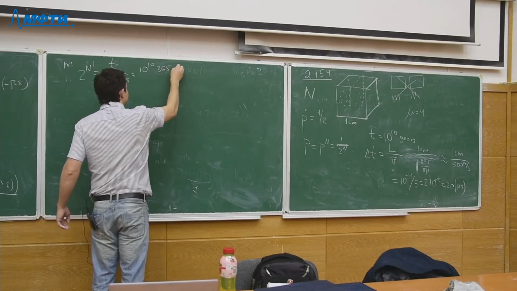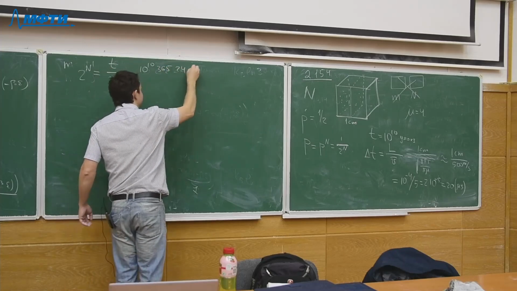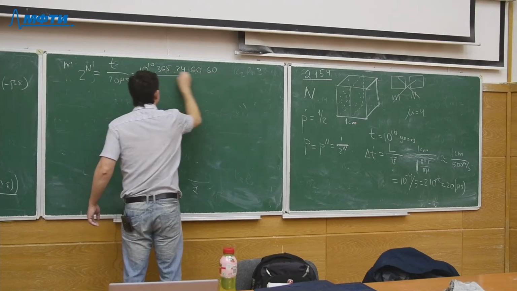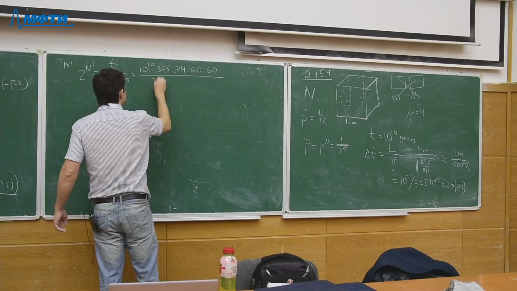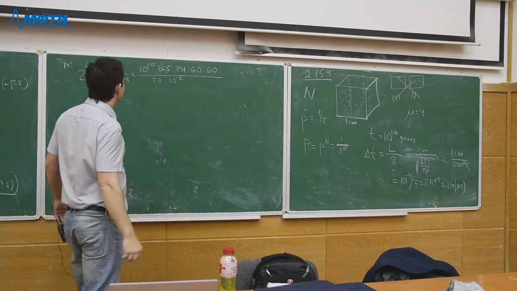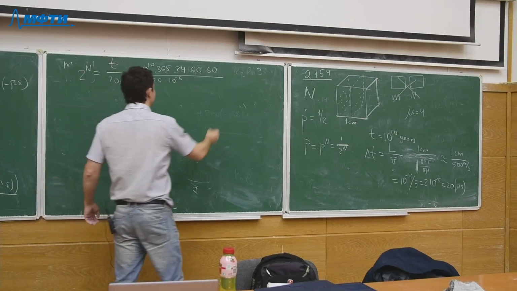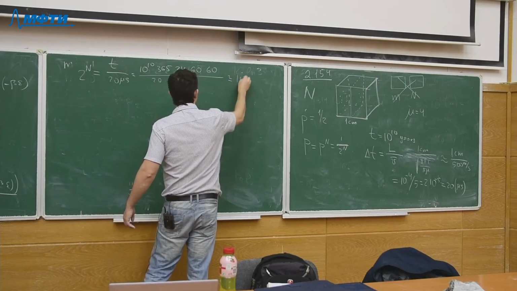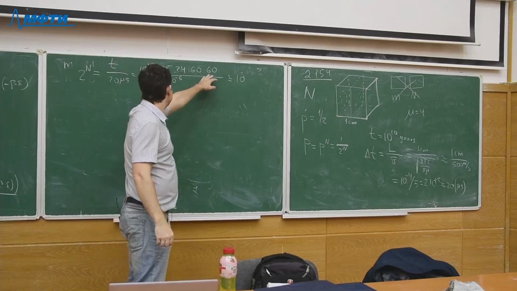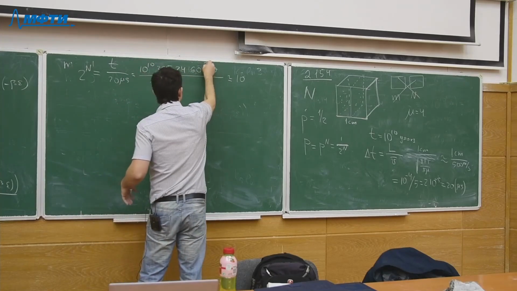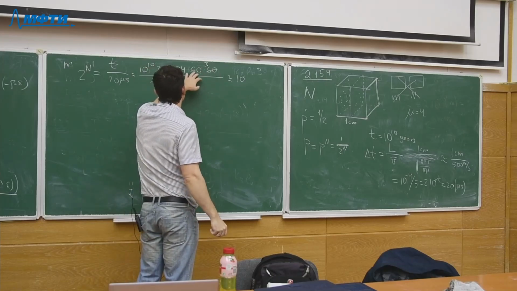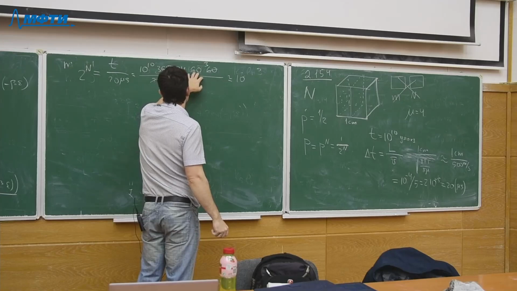365 days times 24 hours in each day, 60 minutes in each hour, and 60 seconds in each minute. And that divided by 20 times 10 to the minus 6. Well, that's a very large number. That gives me 3, 180, 48 times 100.